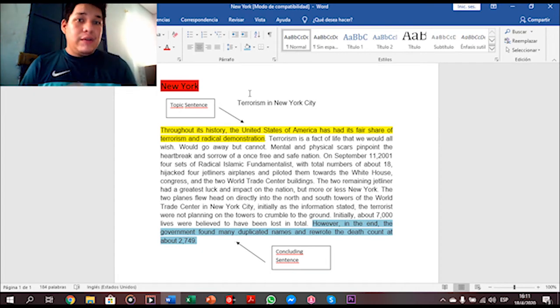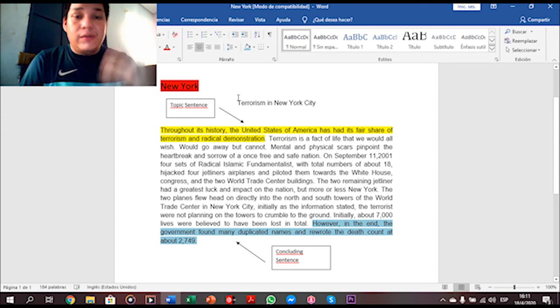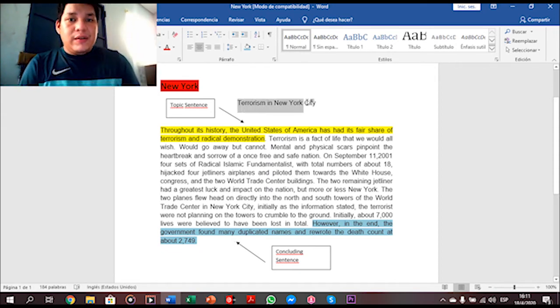Nonetheless, we have to be very careful in how to develop this kind of sentence, or this limited topic, because we are saying only terrorism in New York City.